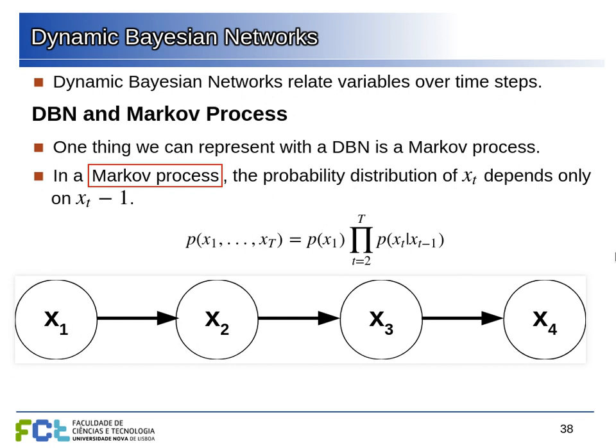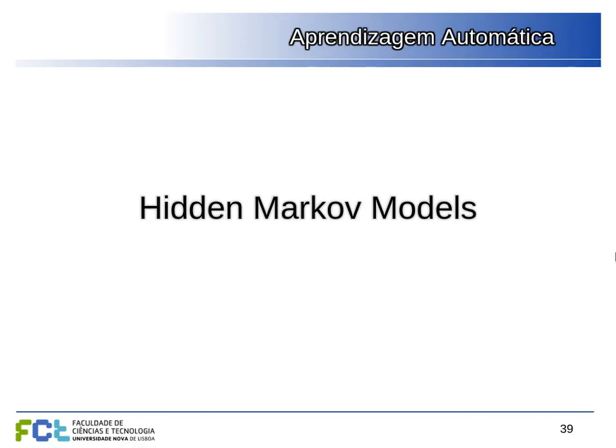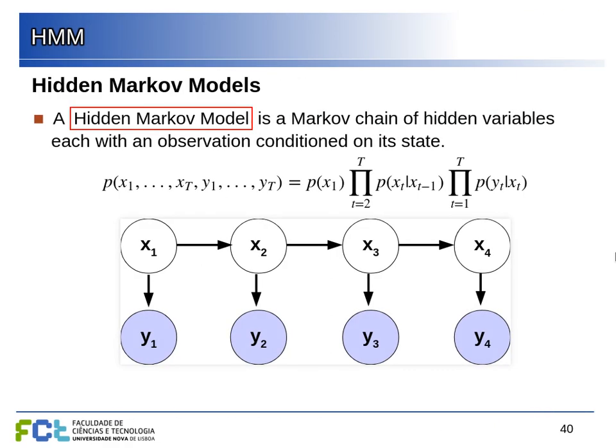So this can be extended to something a bit more interesting, which is a hidden Markov model. This is actually a very powerful model and very used in many different situations. And the idea here is that we have a hidden state that changes over time, and the state at each instant depends only on the state in the instant before.